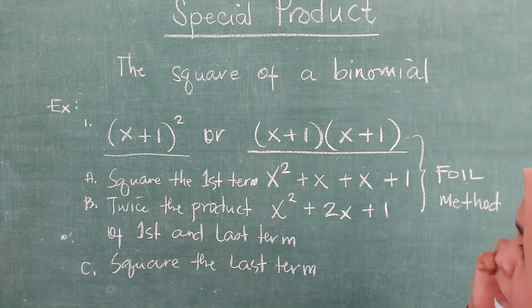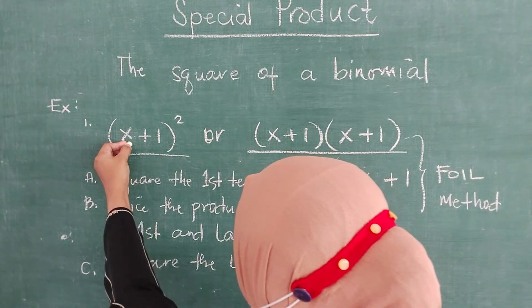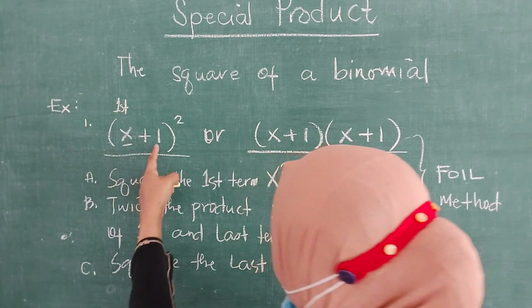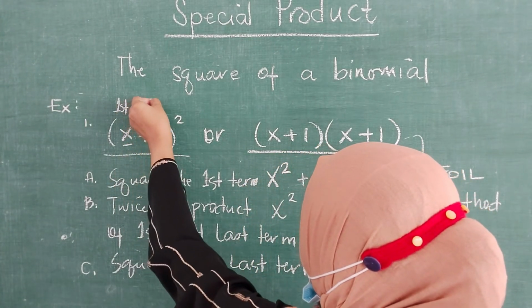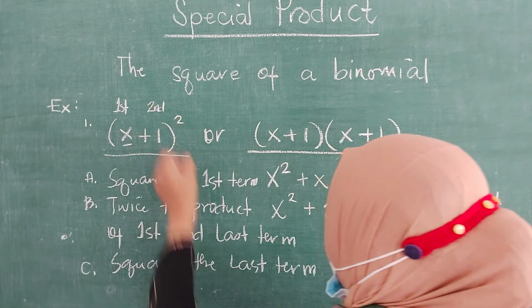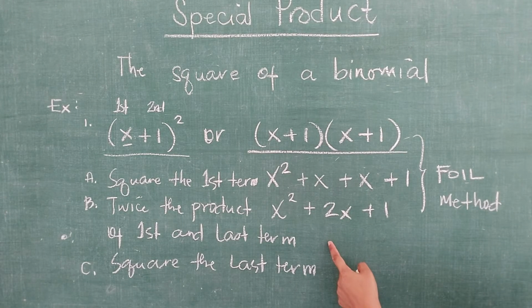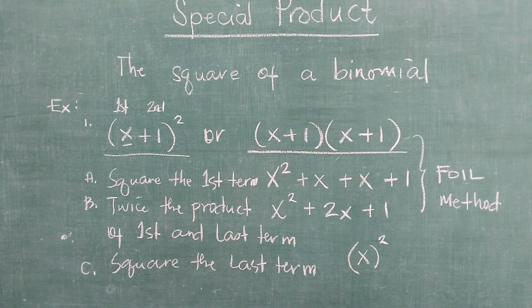Sa number 1, ito yung first term, and this is the last term or the second term. So sa step 1, square the first term. Ang first term natin is x, squared.